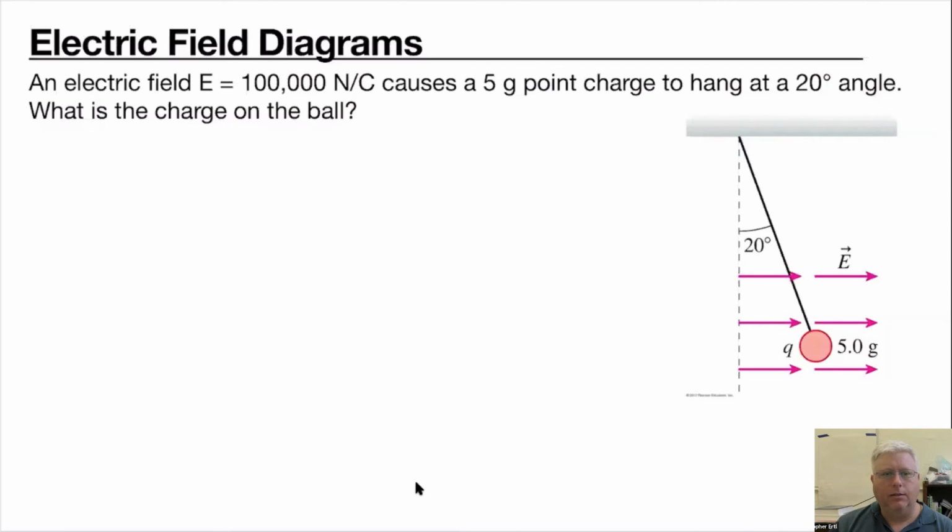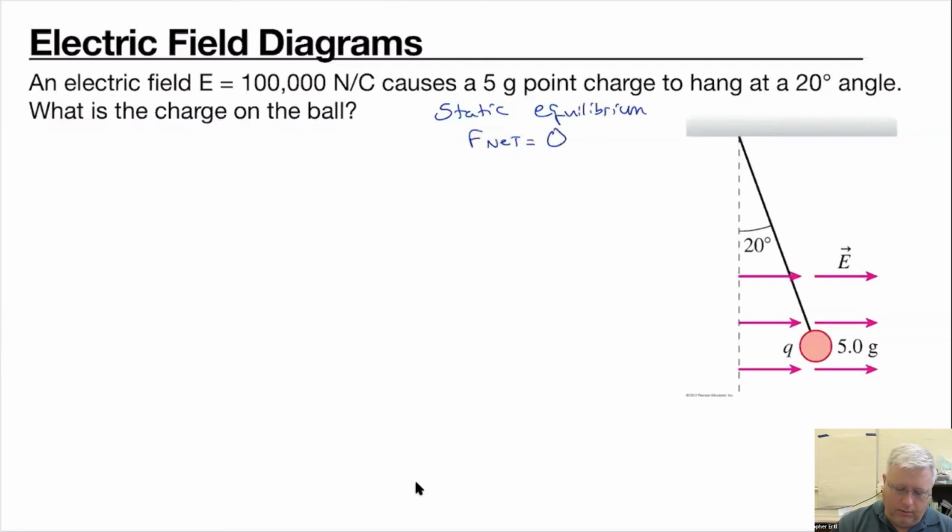Okay, so we see here that the point charge is hanging at a 20-degree angle. It's not moving, it's hanging. So hopefully you recall the term static equilibrium. And in static equilibrium, what do we know about the net force? When an object is in static equilibrium, the net force is 0.